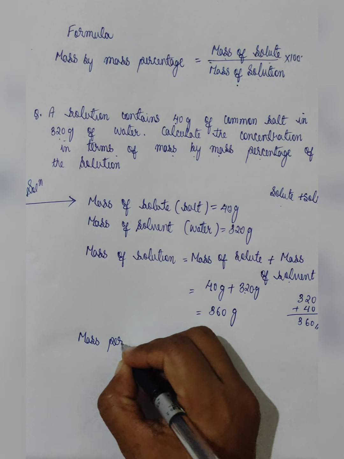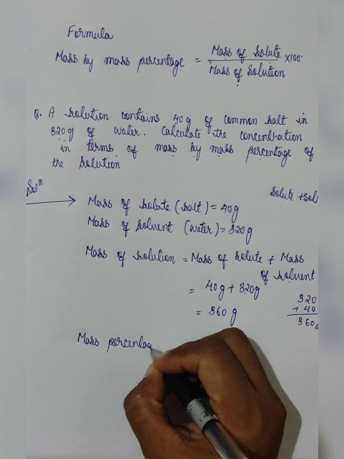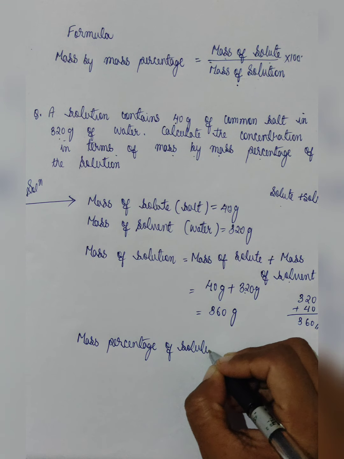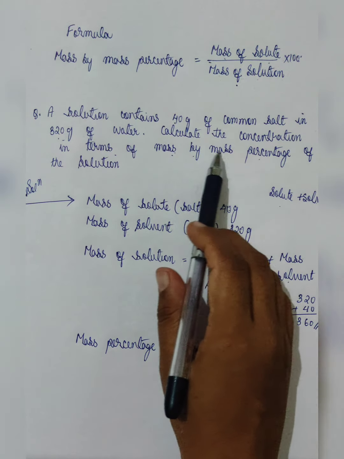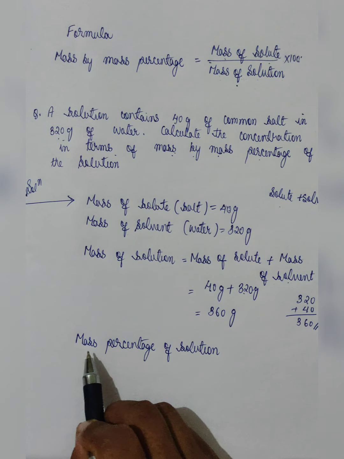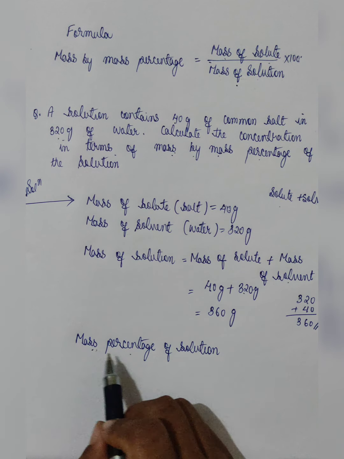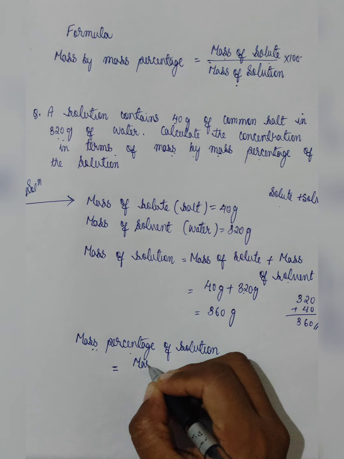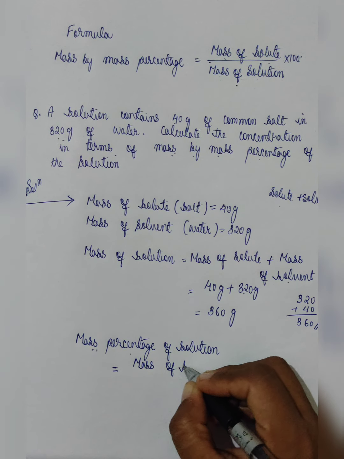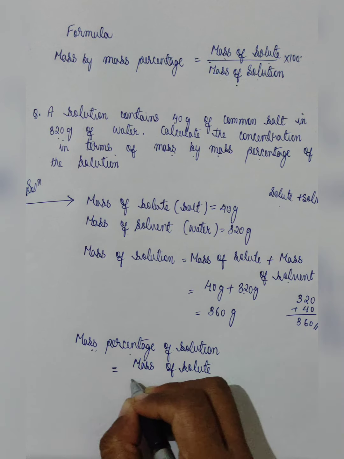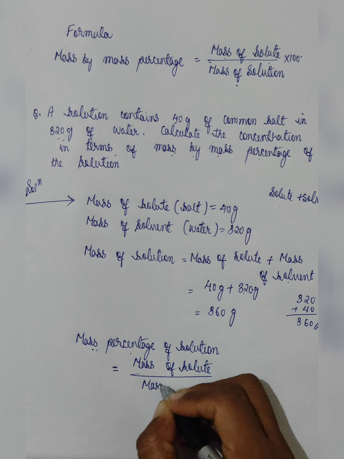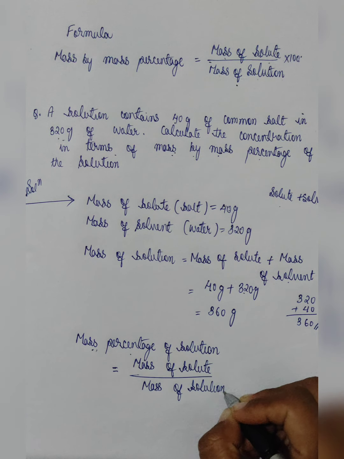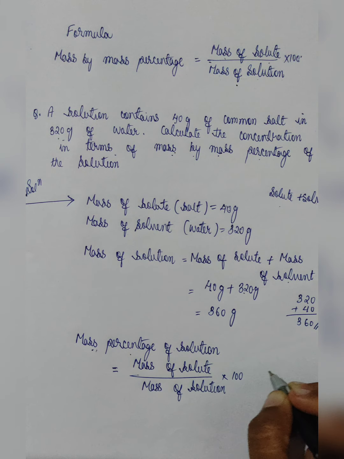So mass percentage of the solution. You can also write mass by mass percentage of the solution, mass percentage of the solution. It's all the same. So here once again the formula: mass of solute divided by mass of solution into 100.